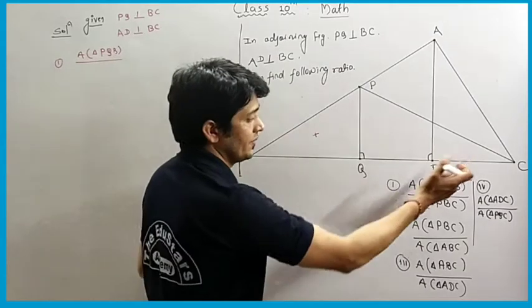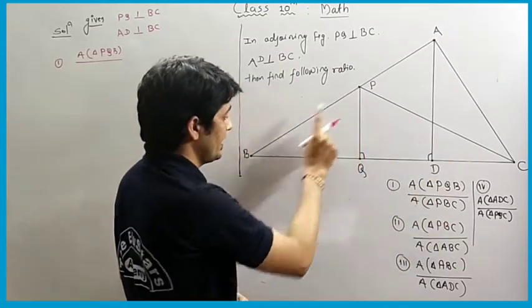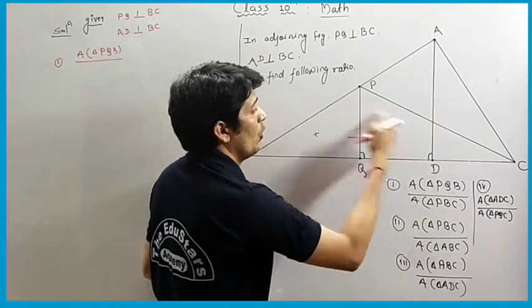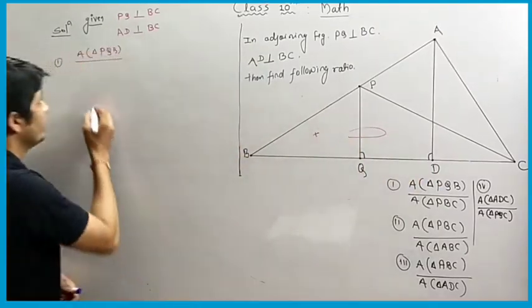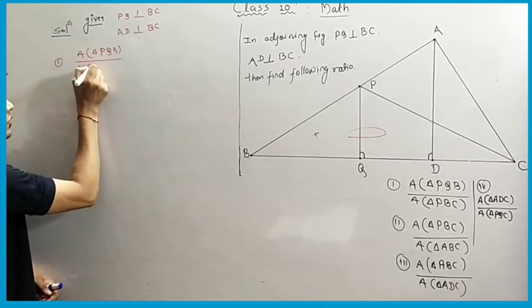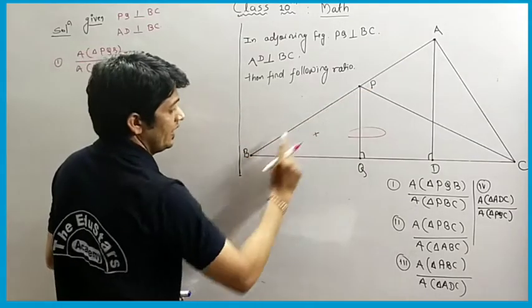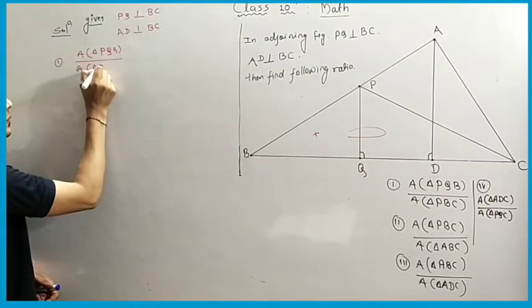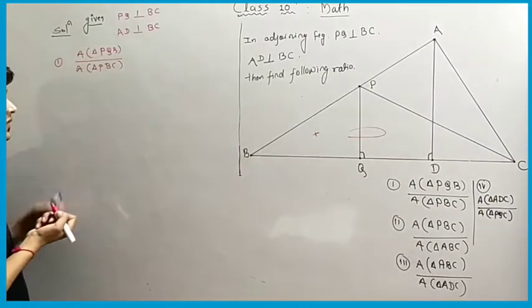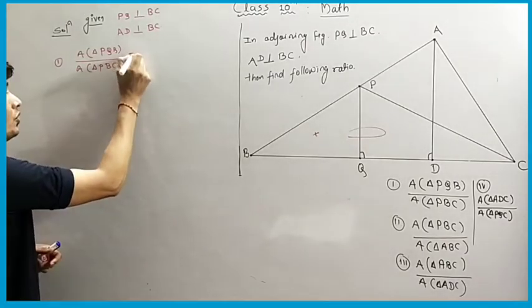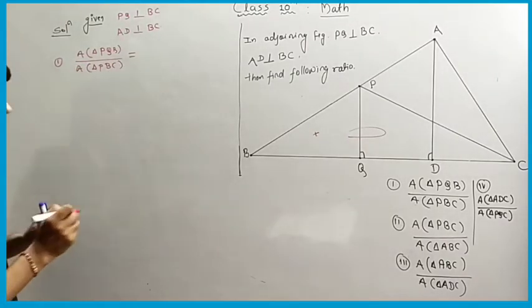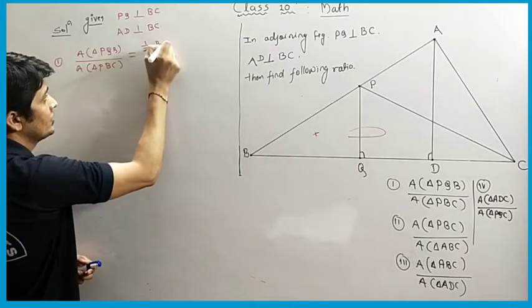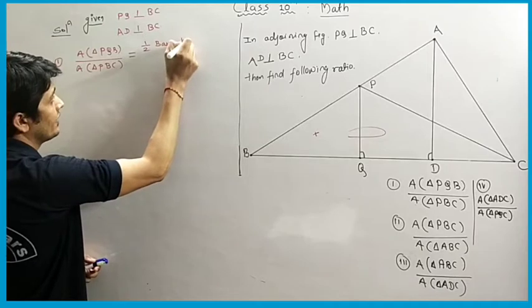That means this whole triangle. It is PBC, we have to write PBC. Okay, so the formula for area of a triangle is 1/2 base into height.